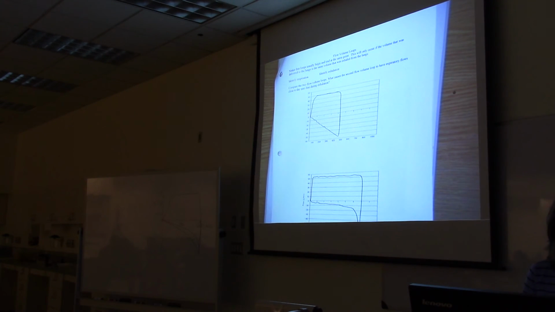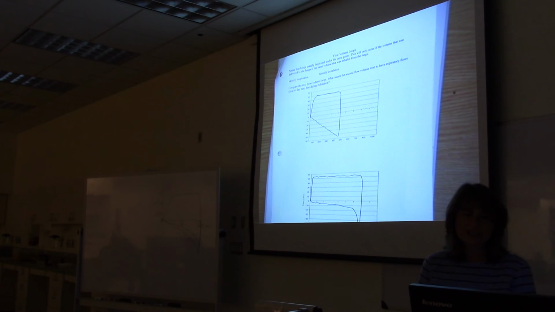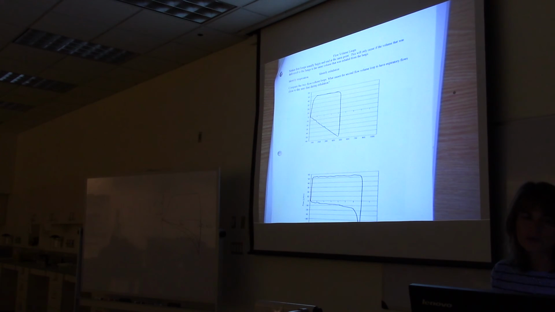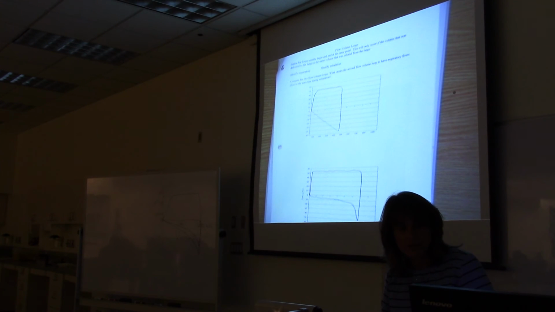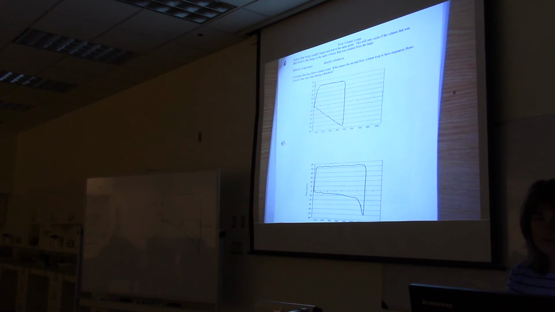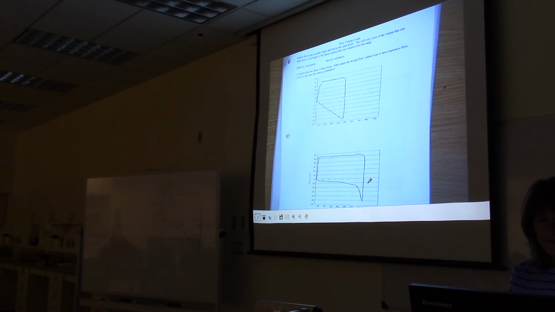Okay, the next thing it wants you to do is compare the two flow volume loops. What causes the second flow volume loop to have expiratory flows close to the zero line during exhalation? Can you see the difference in the loops? It's the recoil. So this one, when the air is exiting the lungs, it can exit pretty fast.